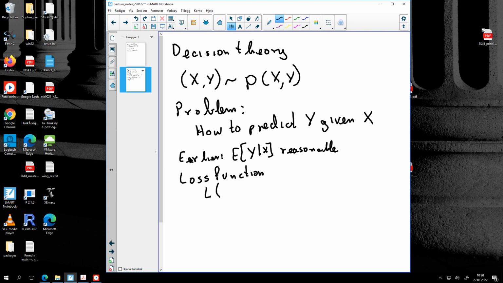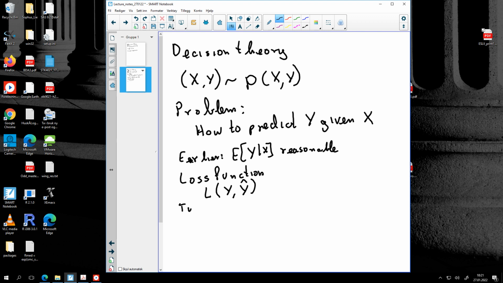So this loss function is a function of the actual variable that we want to predict, which is y, but then also on the prediction that we make. So this is a way of measuring how bad we are doing.